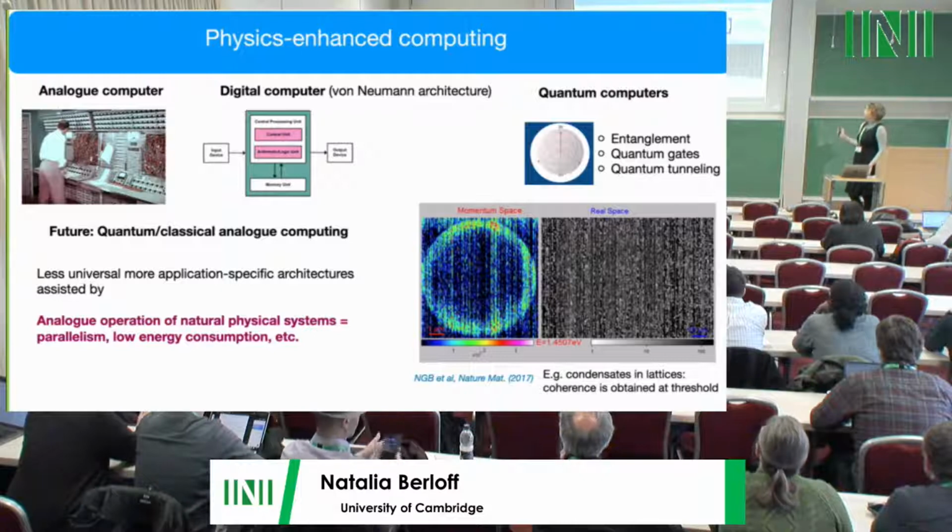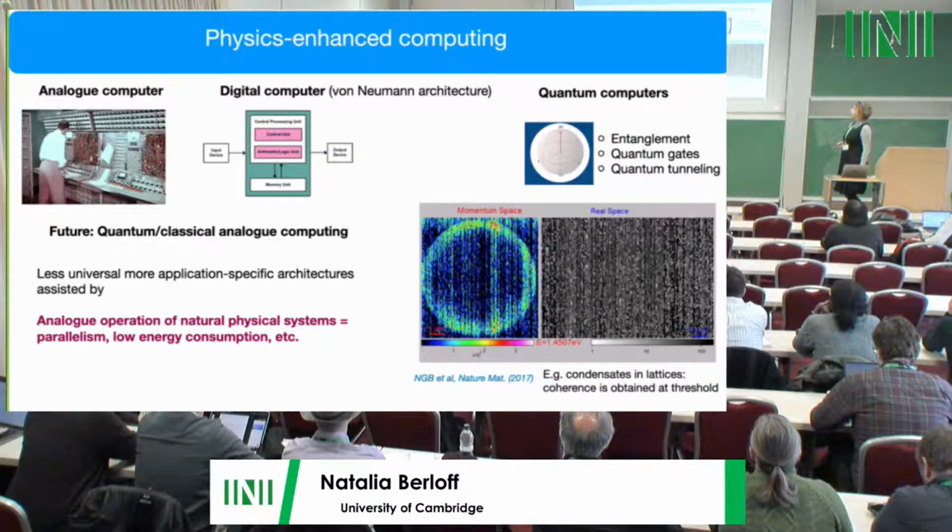One quick slide. Computing started with the analog computer, when electrical circuitry was used to simulate the differential equations that describe the work of electrical circuits.